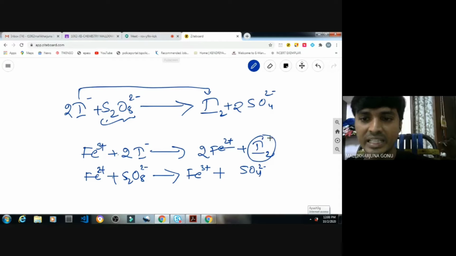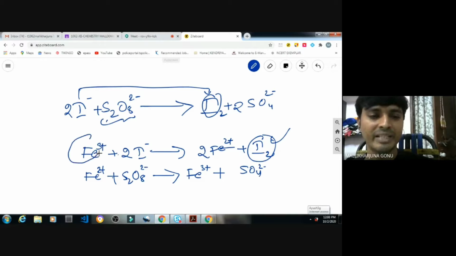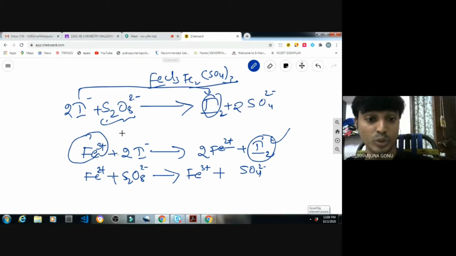So you can see in the first step, iodine comes by the Fe3+ catalyst. Fe3+ can be anything, like FeCl3 or Fe2(SO4)3. All of these contain Fe3+ ions only, so it should have Fe3+. Fe3+ converts to Fe2+ by taking electrons from iodide, giving I2.